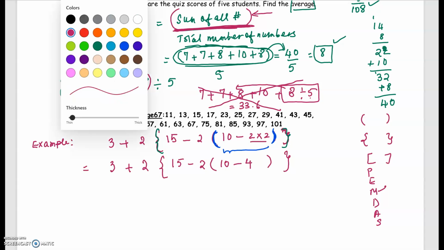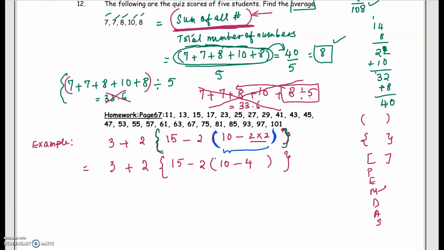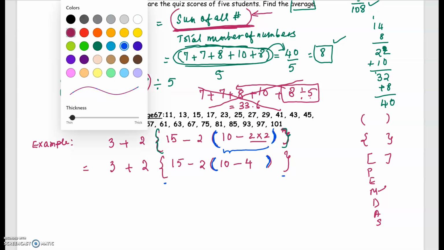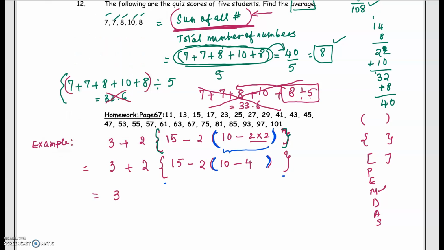Again, we have the innermost parentheses first. We still have the brackets outside, but we want to go to the innermost parentheses first. So we have 3 plus 2, and write down everything, whether you need it or not at the moment. Just write it down. And this is equal to 10 minus 4, and those are the only 2 left.